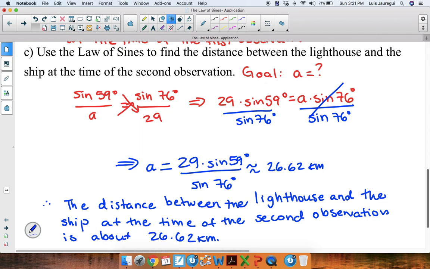So notice here in this particular application, we were able to sketch the diagram with the relevant information, and we were able to find the distances between the lighthouse and the ship, first at the first observation, and secondly, based on the second observation.